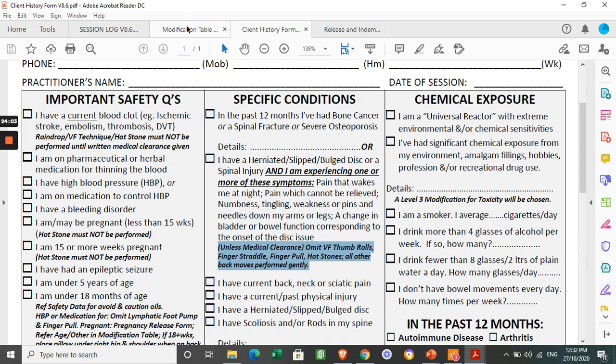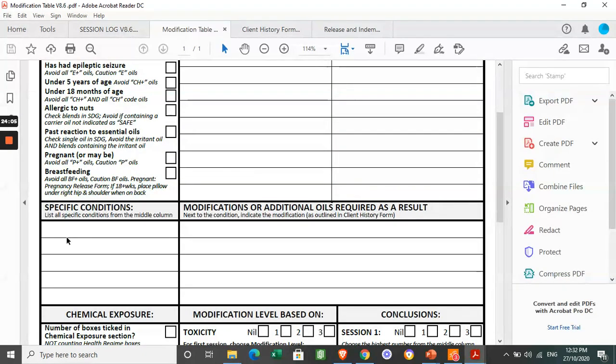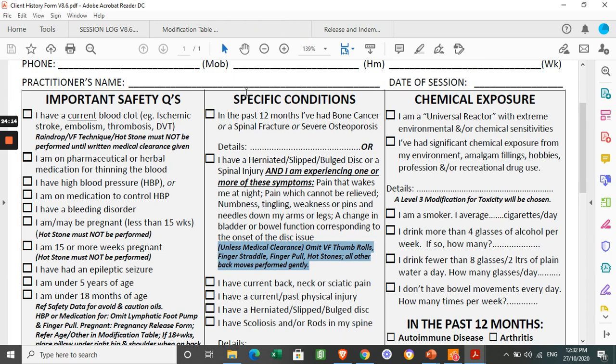We are going to write over here on the modification table, bone cancer. And then right next to it, we're going to write word for word exactly what is highlighted here. Unless medical clearance, omit VitaFlex thumb rolls, finger straddle, finger pull, hot stones, and all other back moves performed gently.